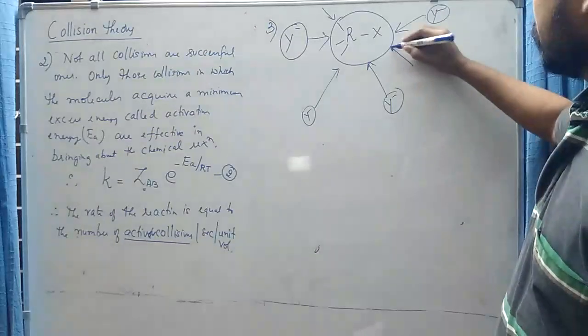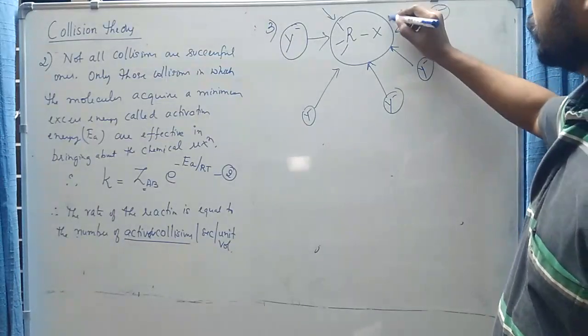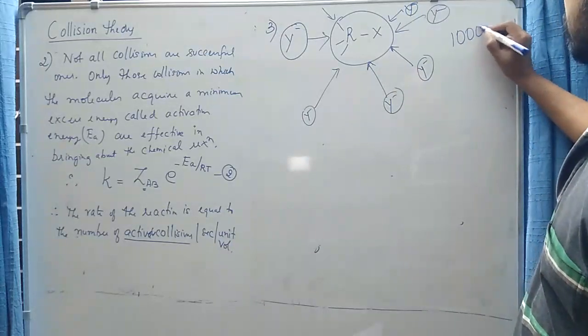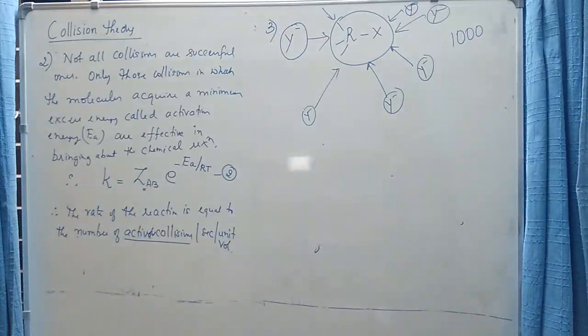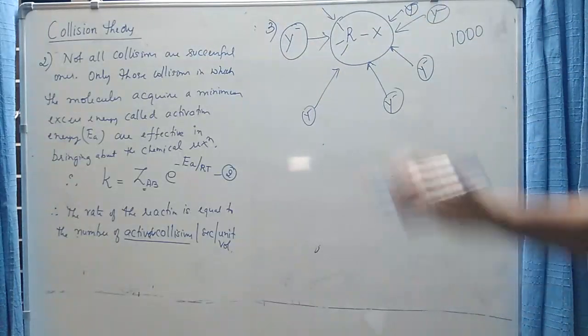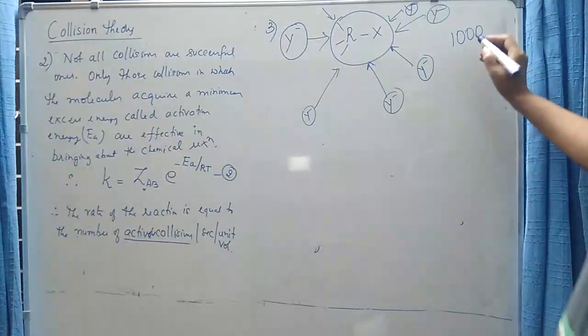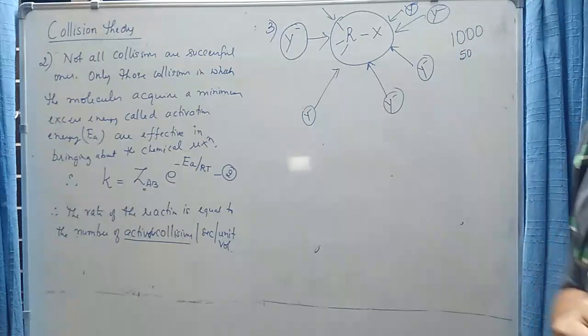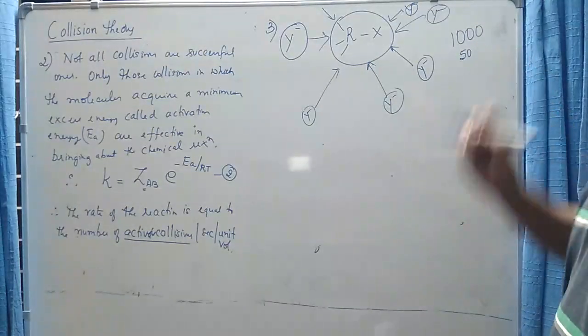So you have a large number of collisions in all directions. Say for example, there are 1000 collisions taking place between substrate and the nucleophile, and out of 1000, say for example, in 50 cases the molecules are getting activated.